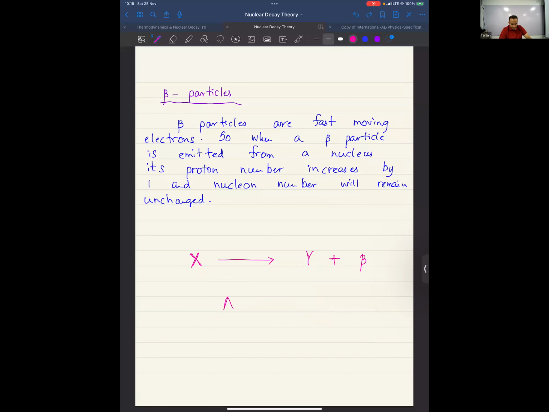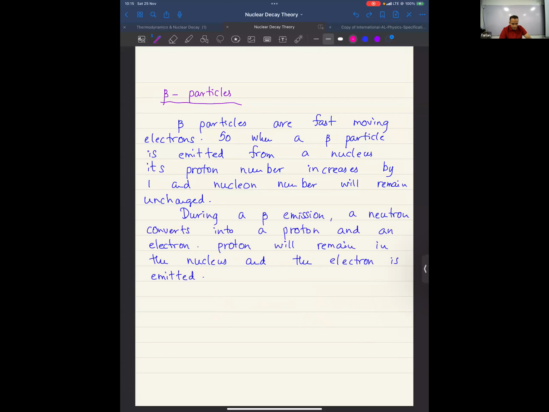Right, under that. For the points you wrote until nucleon number will remain unchanged, right below that: during a beta emission, a neutron converts into a proton and an electron.